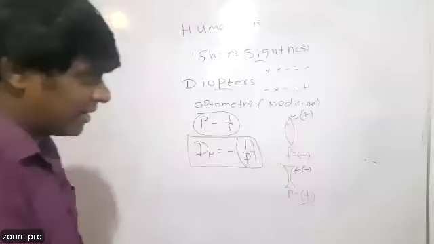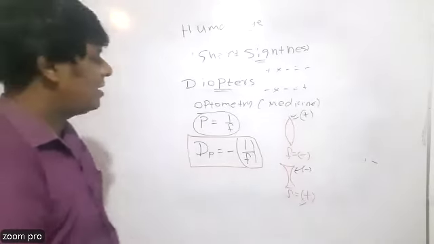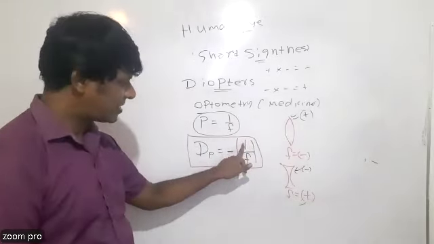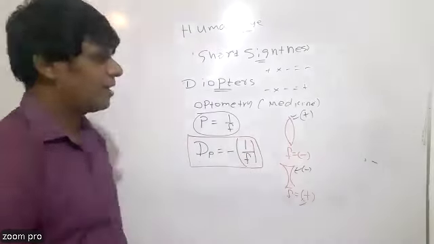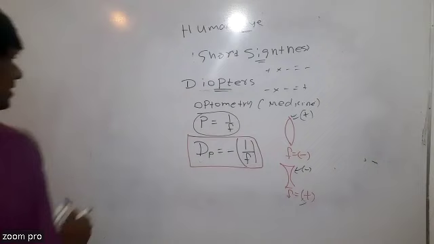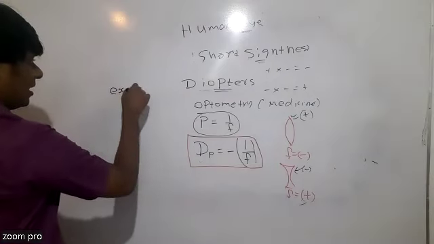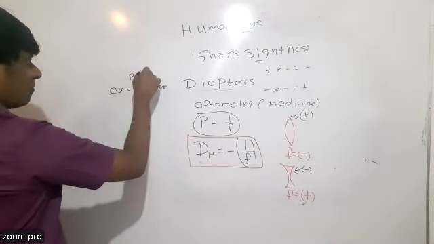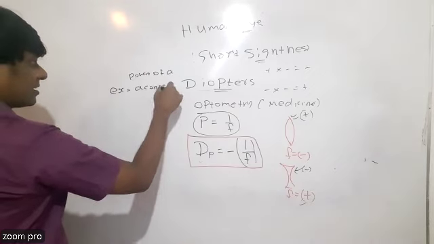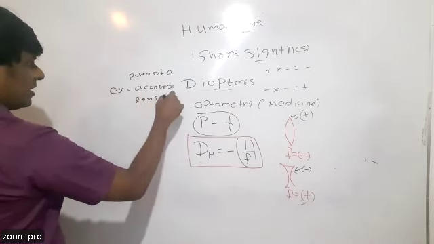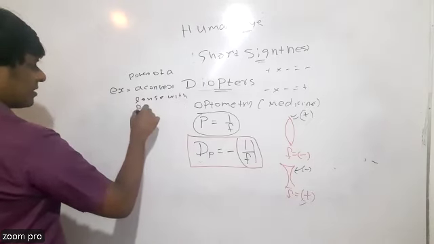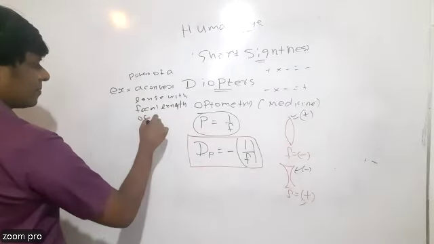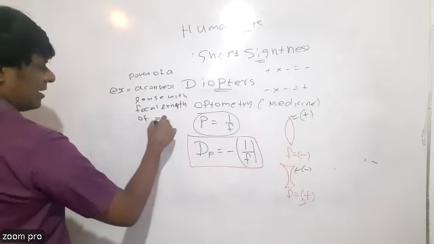Every length is measured in meters. If it is centimeter or millimeter, you have to apply the prefix accordingly, and I will show you an example. Find the power of a convex lens with focal length of 20 centimeter.